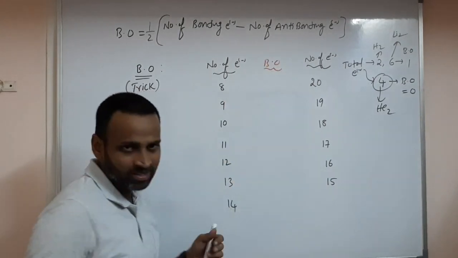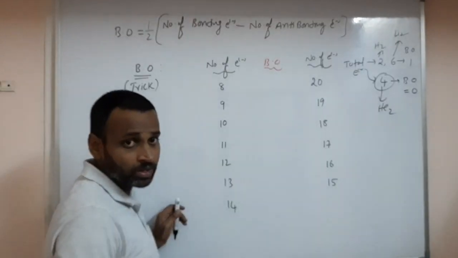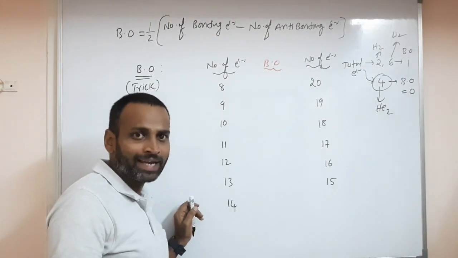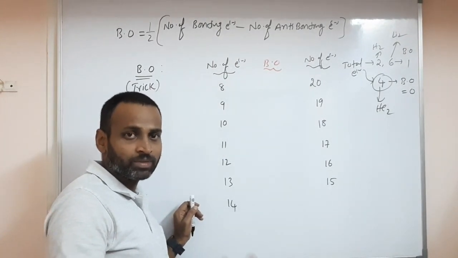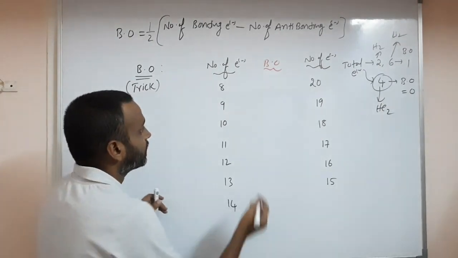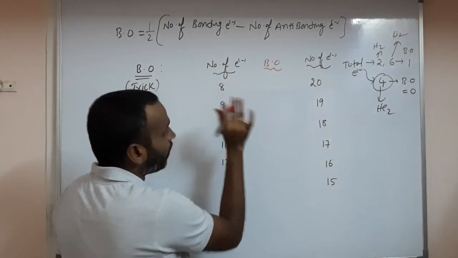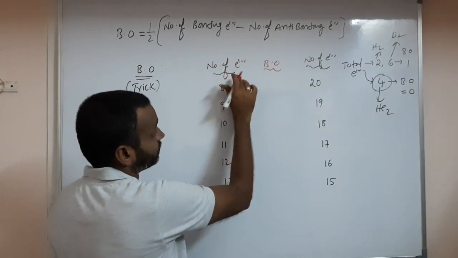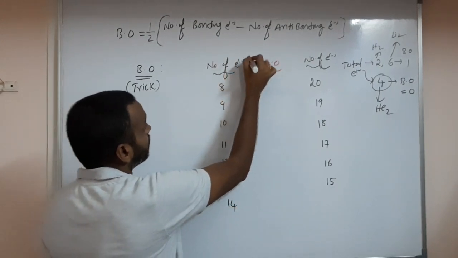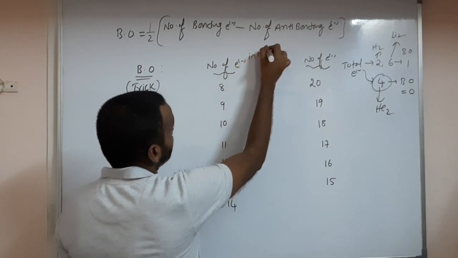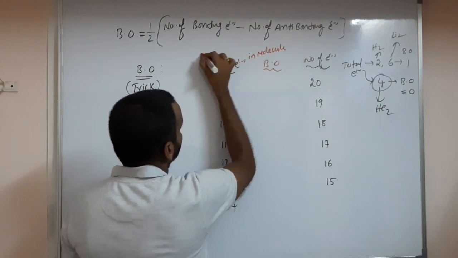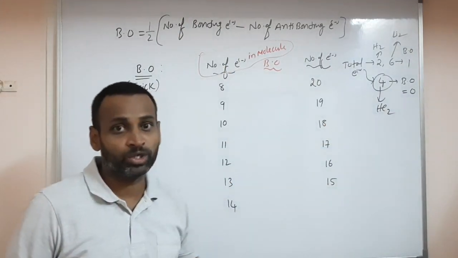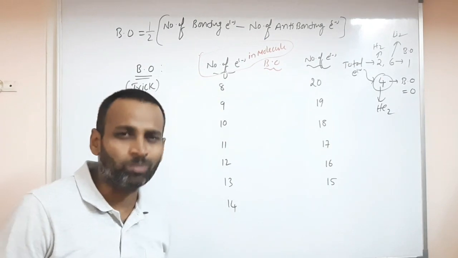I told you this, but I have to explain it as revision because it is very important. If you know bond order, you can say bond length, bond energy, bond angle, and from that you can say acidic character, as I said previously. So number of electrons in a molecule or ion, like N2 plus, they will give.